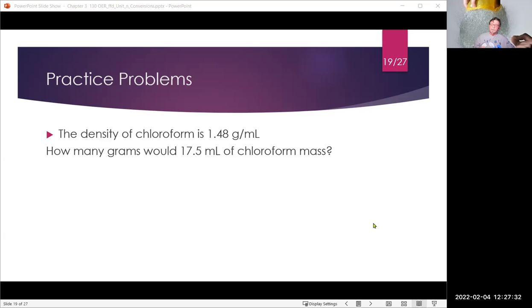So chloroform here is 1.48, given to you. They're asking you the question: how many grams would 17.5 milliliters of chloroform weigh, or have as a mass? Basically, you're in the lab, you take the chloroform, you take a graduated cylinder, and you measure out a volume of 17.5 milliliters.